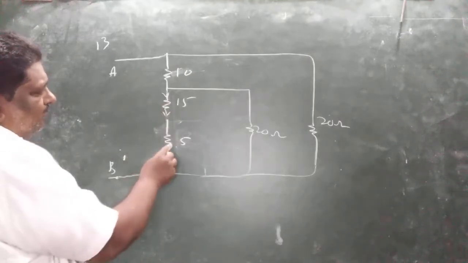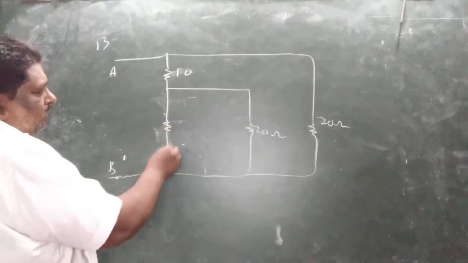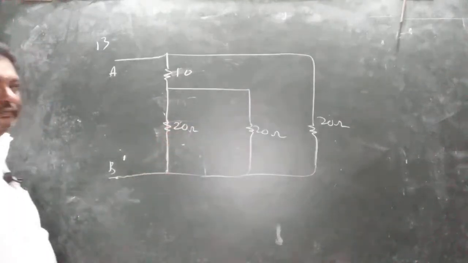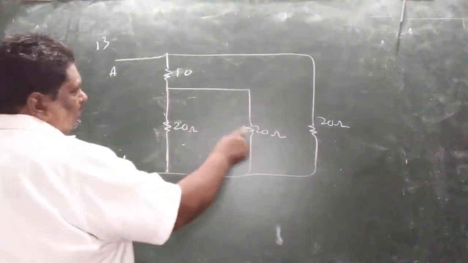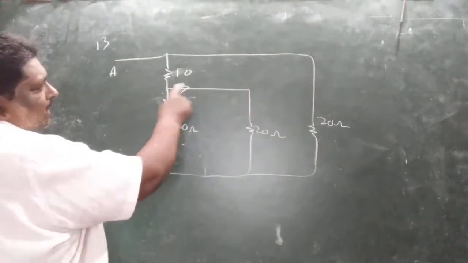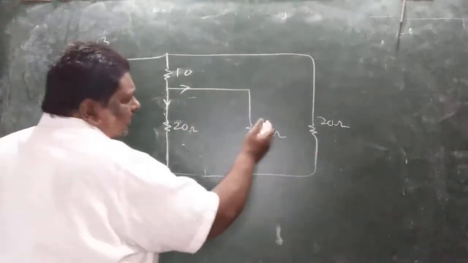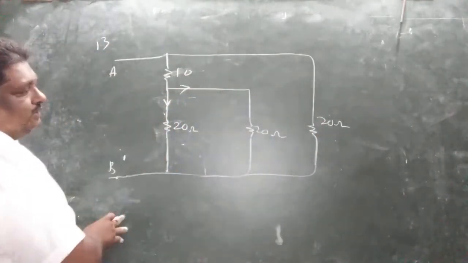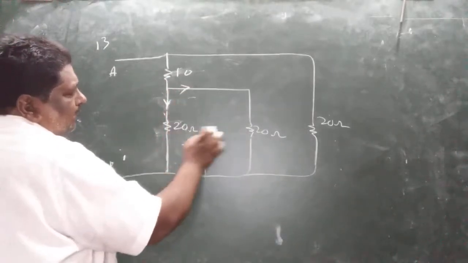So these two simplify first as a single resistor, 20. Next here 20, here 20, these are parallel arms. 20, 20 parallel. Directly you cannot take three parallel because here some resistance is present, and here no other resistance. That's why take 20, 20.